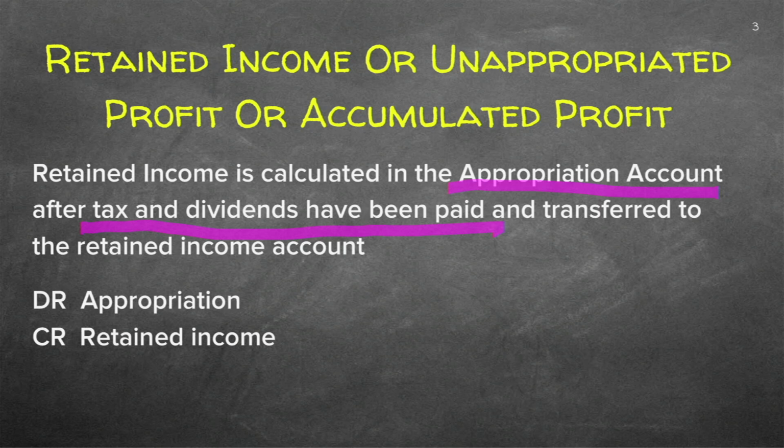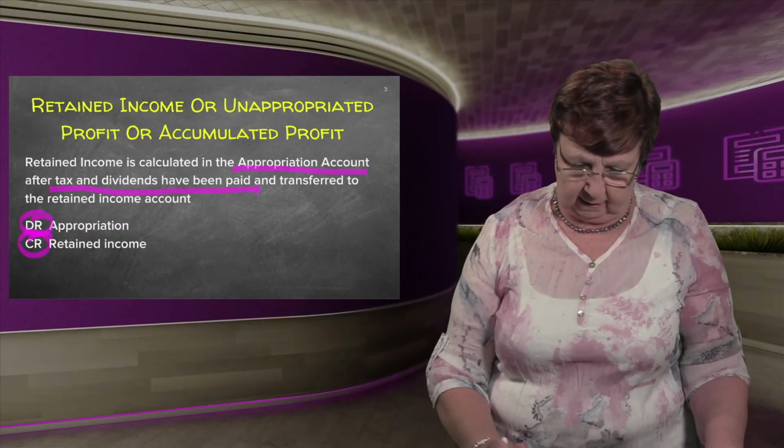With my net profit, I'm going to pay my income tax and pay my shareholders dividends. The money that is left over after I have paid the income tax and the shareholders dividends is known as my retained income. And so I'm going to debit the appropriation account and credit retained income.